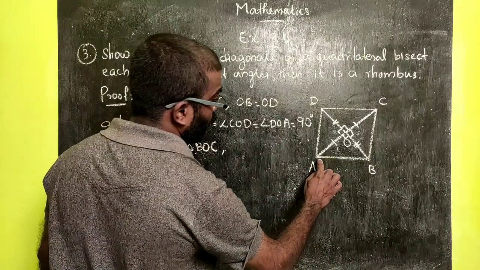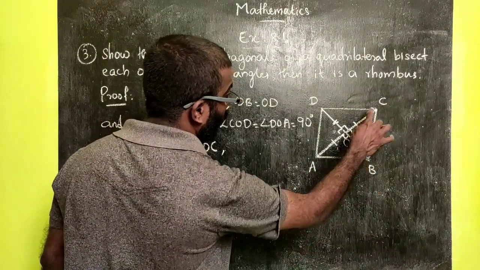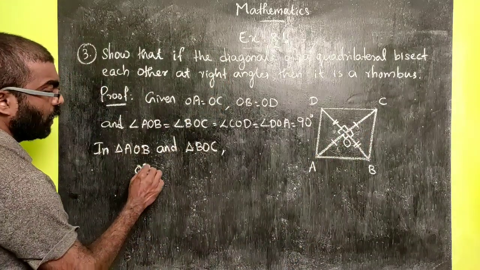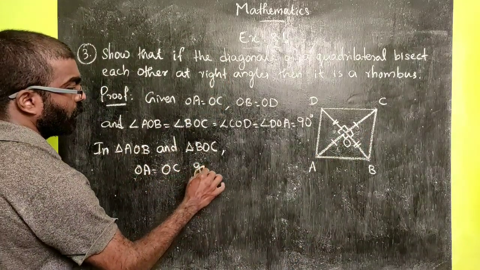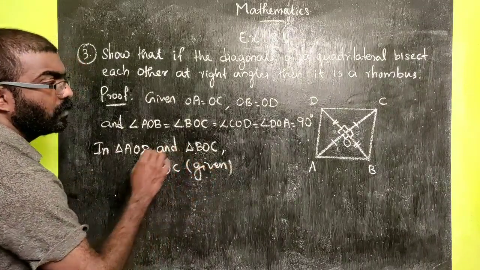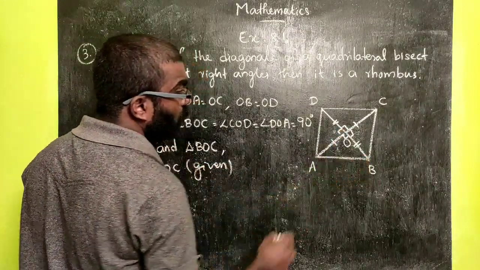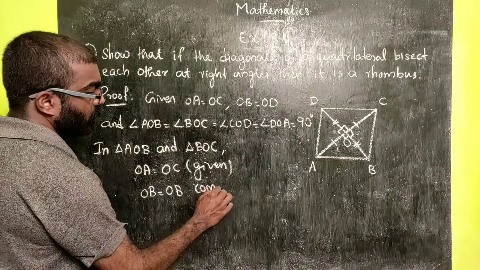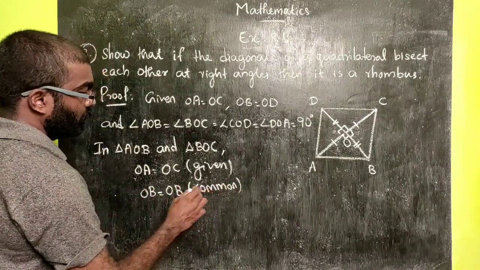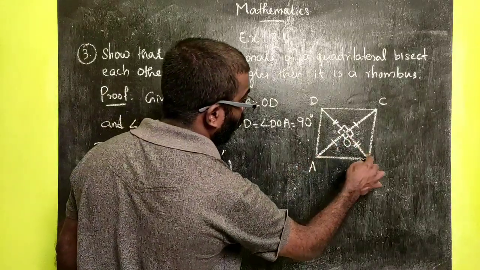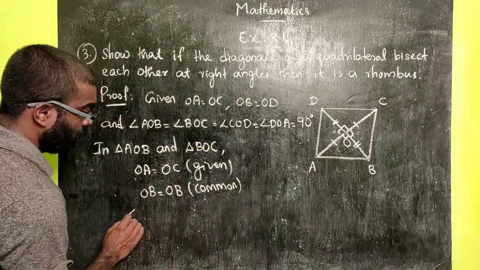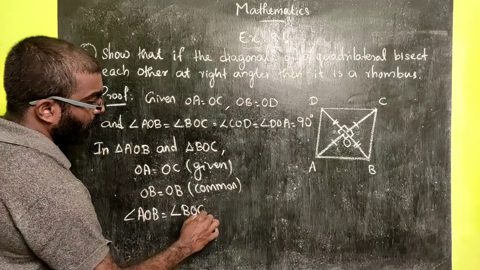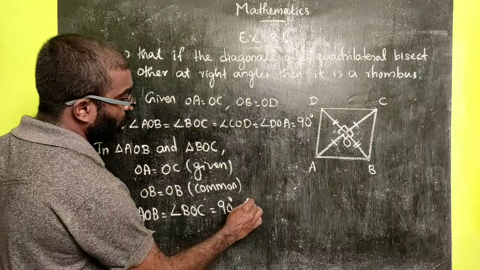Here we take the triangles AOB and BOC. We know OA and OC are equal. It is given. OA equal to OC, given. Now OB is the common side. OB equal to OB, common. And angle AOB equal to angle BOC, each 90 degrees. It's also given.